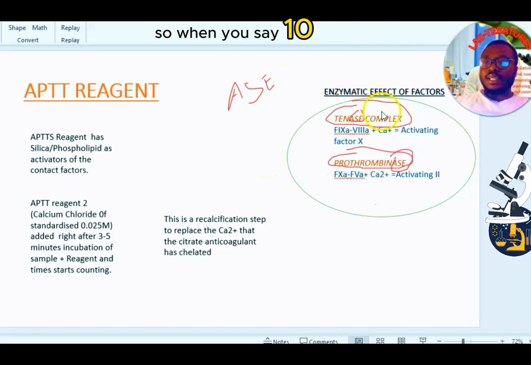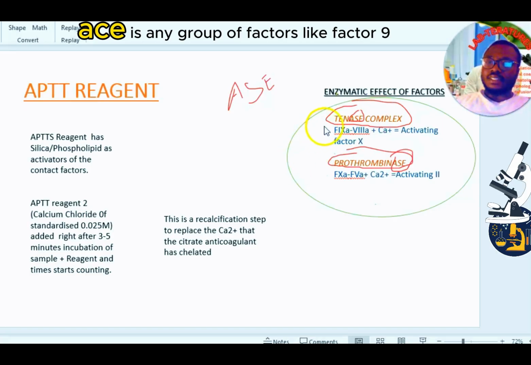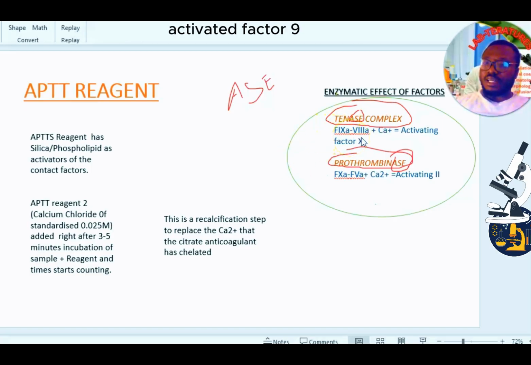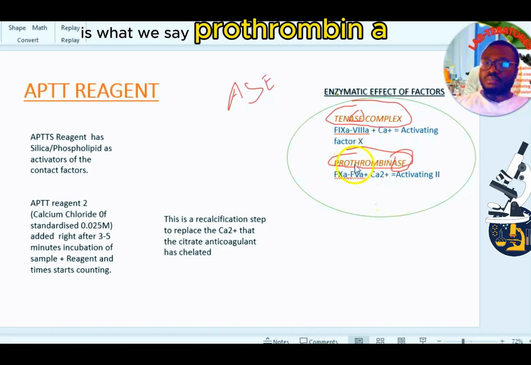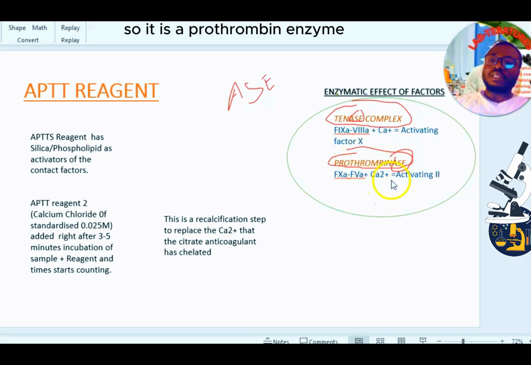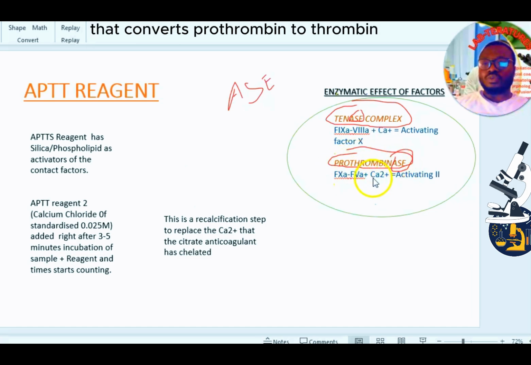So when we say 10ACE, it is any group of factors like activated factor 9 and factor 8 that is able to activate factor 10. And any group of factors like activated factor 10 and factor 5 that is able to convert prothrombin to thrombin is what we say prothrombin ACE. So it is a prothrombin enzyme that converts prothrombin to thrombin.